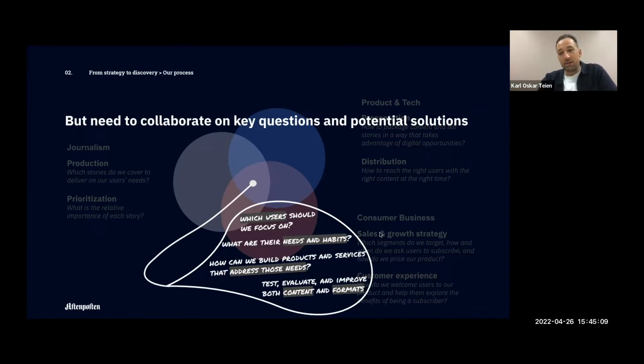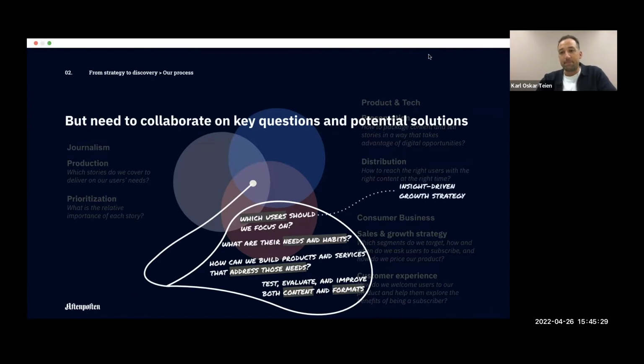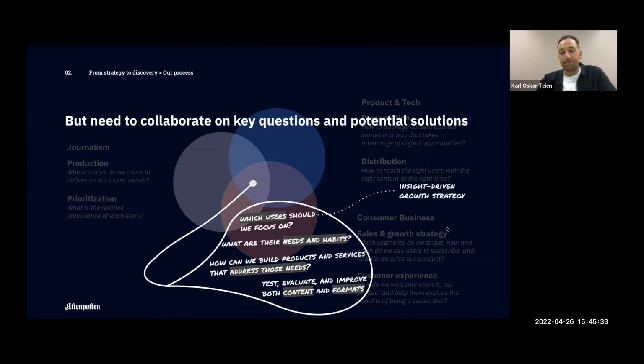But I think it's important that every organization that provides journalism, or that tries to sell journalism in some way, they are serving a product to a user at a certain price point. And that means you have to be concerned about these questions, and everyone in an organization should care about those questions. The way that we did it when it came to the front page was we clarified the growth strategy.